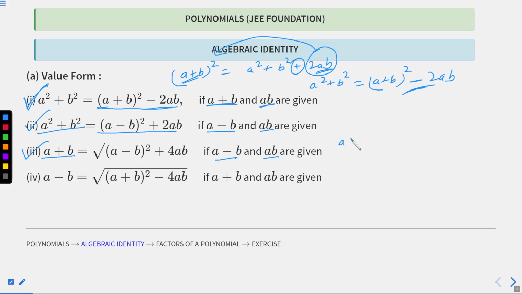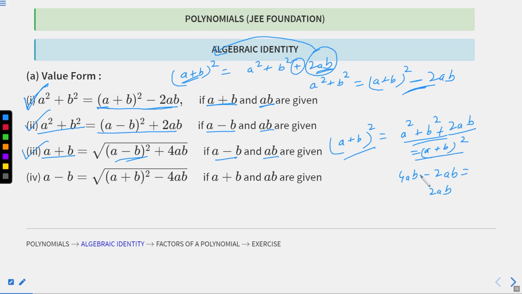Squaring both sides, opening the square gives a² + b² − 2ab + 4ab, and 4ab minus 2ab gives 2ab, so I write plus 2ab, and this is (a + b)². So the left hand side and the right hand side are equal.